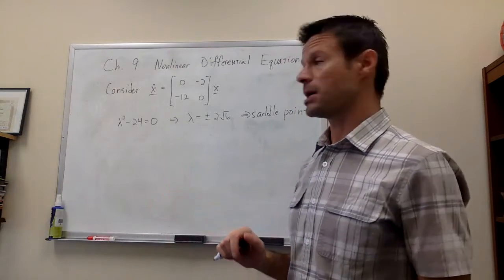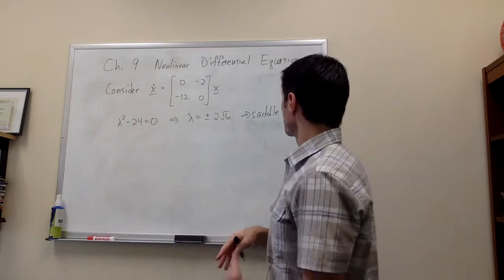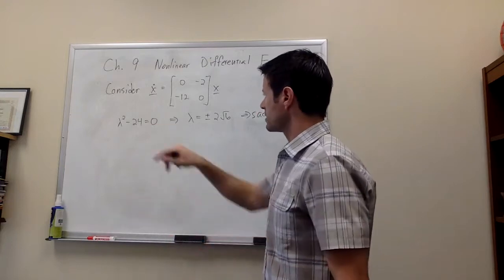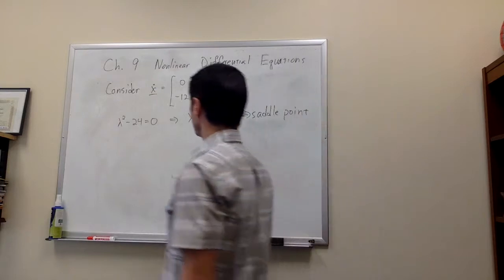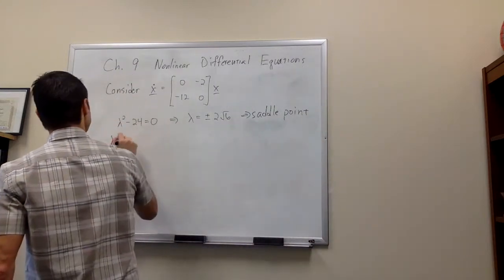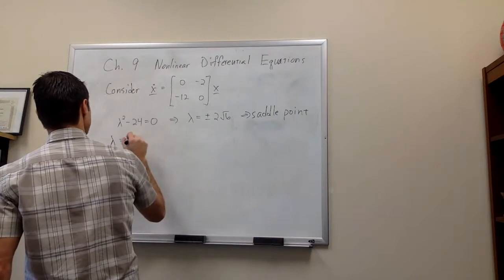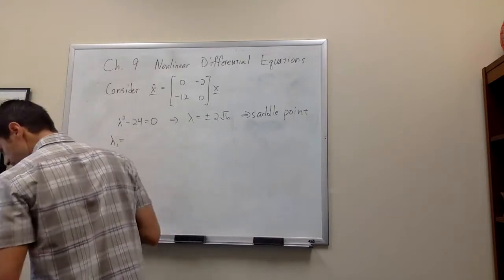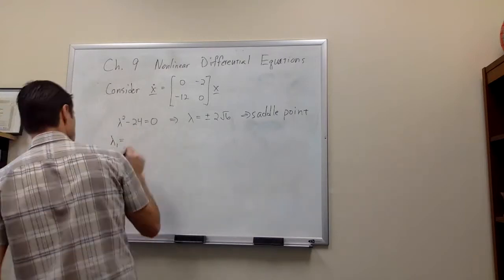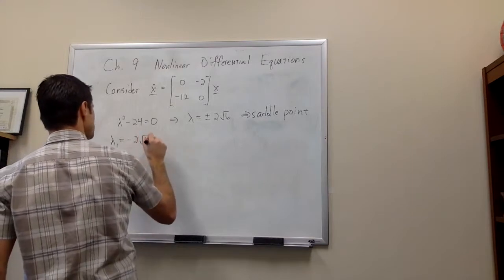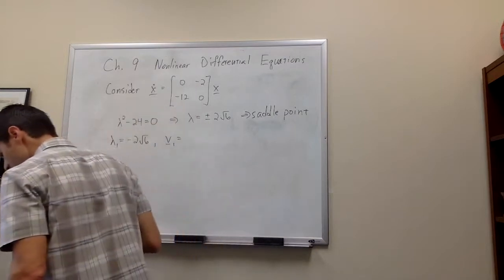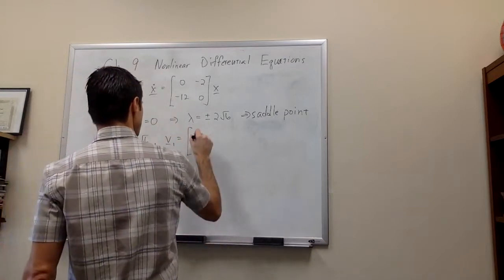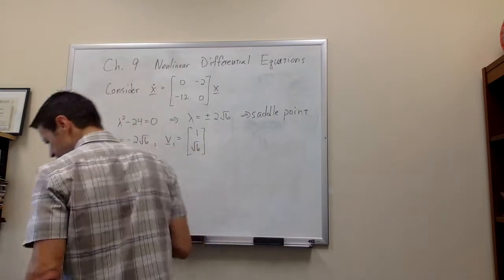And as far as more details about that saddle point, we can look at the eigenvectors that correspond to these eigenvalues. If I look at lambda 1, let's say lambda 1 is equal to minus 2 root 6. You can compute on your own that v1 is equal to (1, root 6).